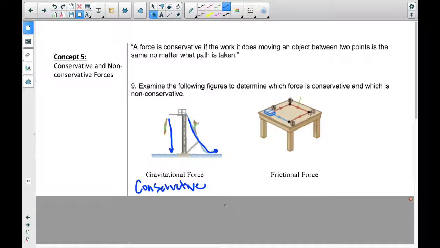But also we know by friction that some energy will be lost. So frictional force is a non-conservative force because it definitely matters which path you took, because you will have a different result from each path in this instance, whereas in the swimming pool instance, there's not going to be a difference depending on which path you took.